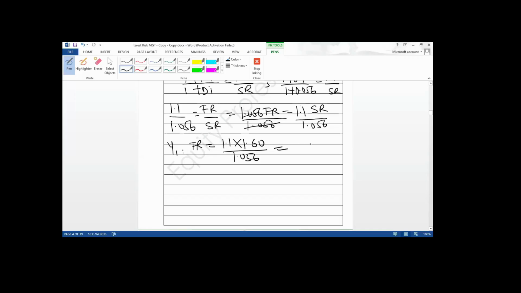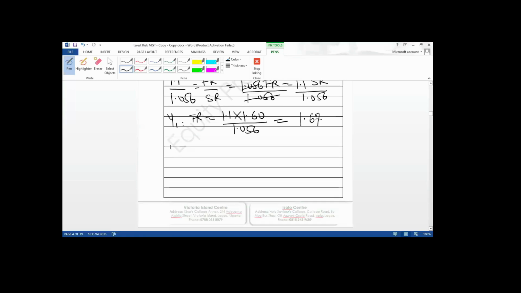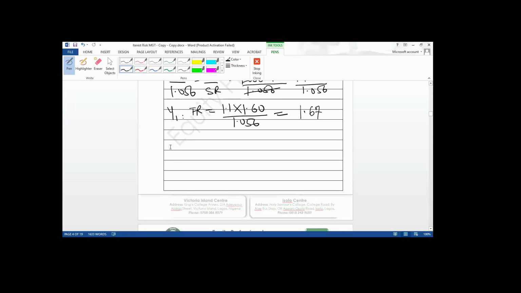If you want to get year two, the forward, pick this now, 1.67. 1.1 multiplied by 1.67 divided by 1.056. What do you have for year two? $1.74.